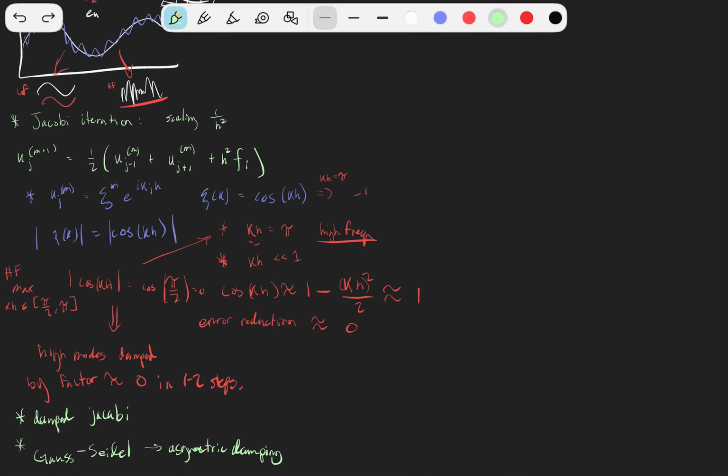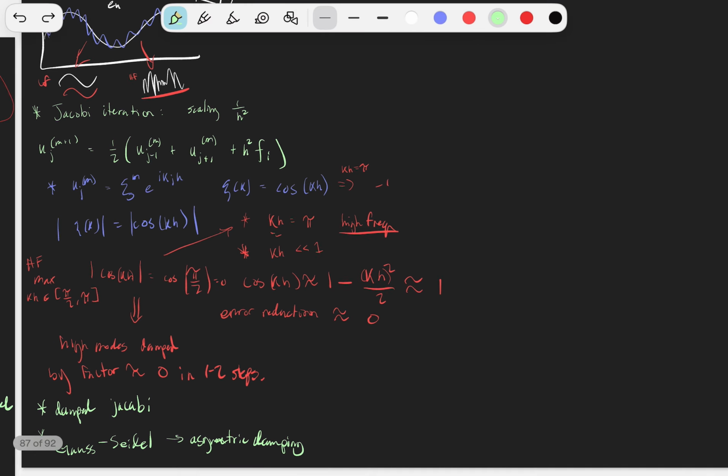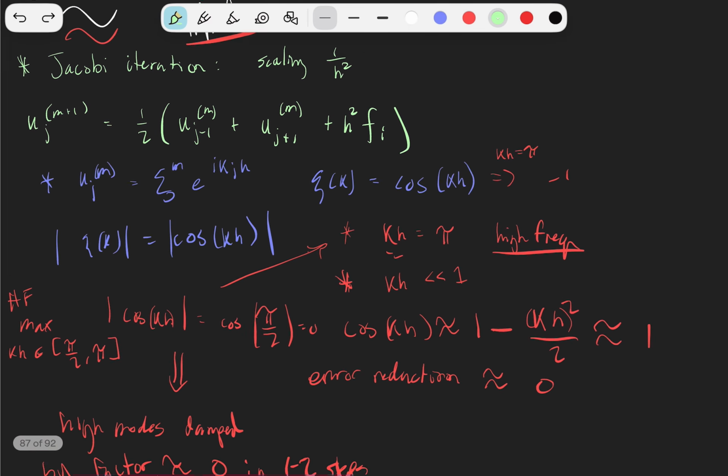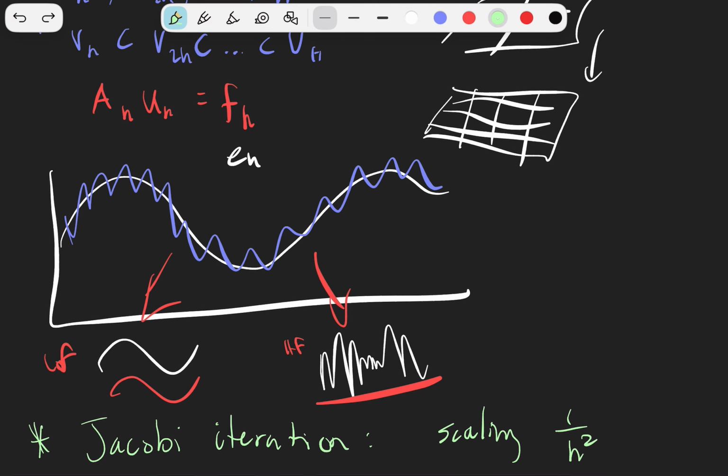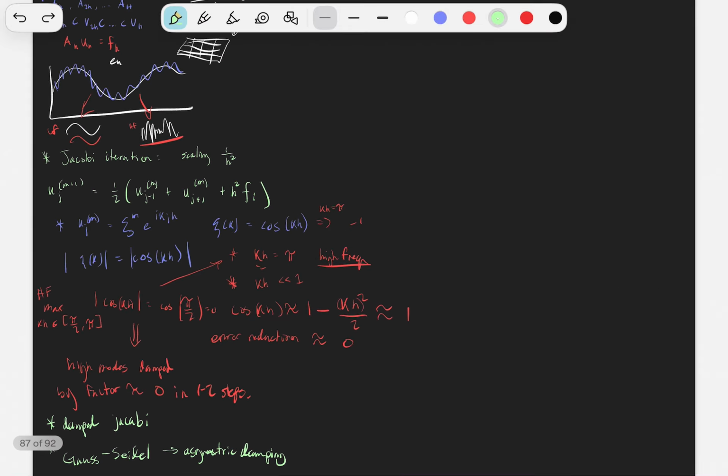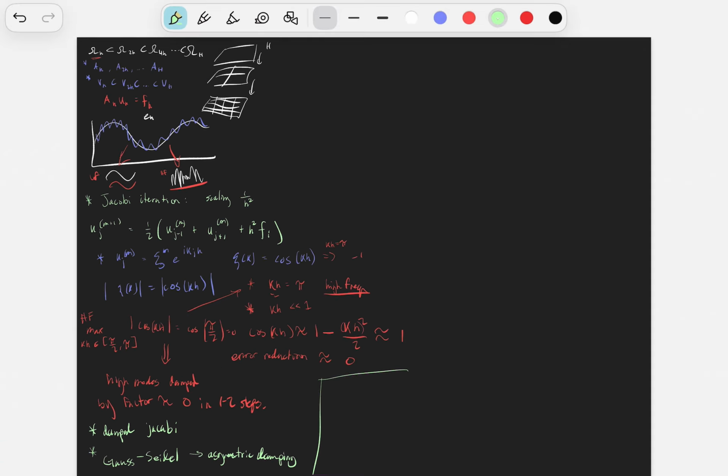But in conclusion, we're effectively eliminating the oscillatory behavior of the error for very fine grids, and leaving the smooth low frequency components almost unchanged, and we can leverage that. That's going to make the computational complexity a little bit less crazy hard and complicated, right?